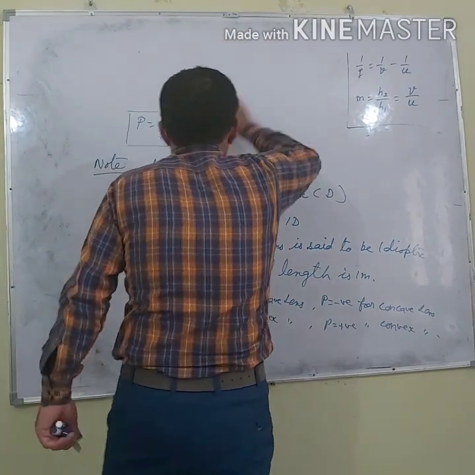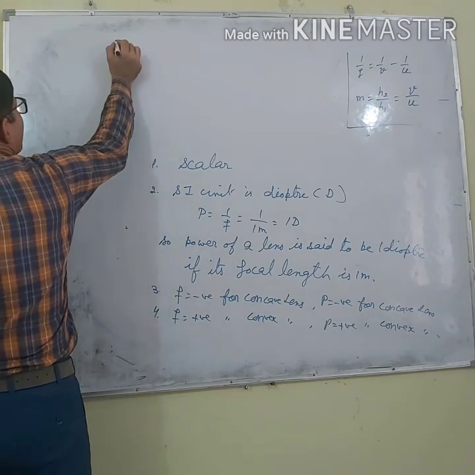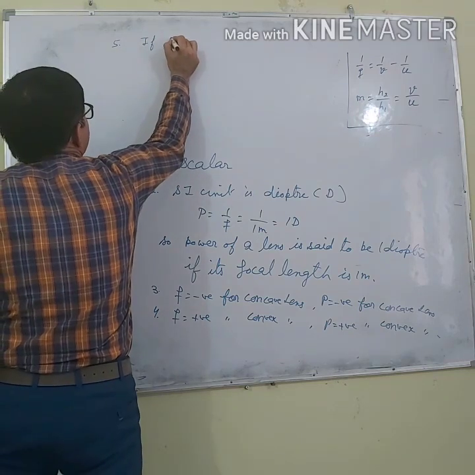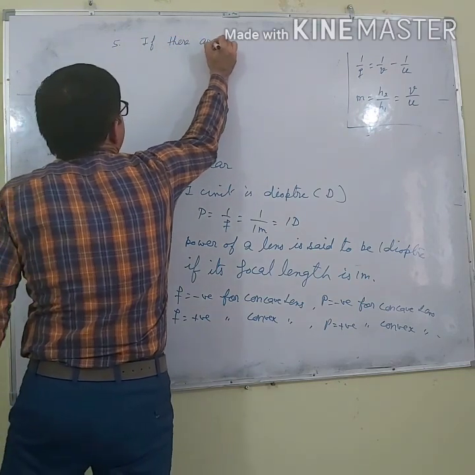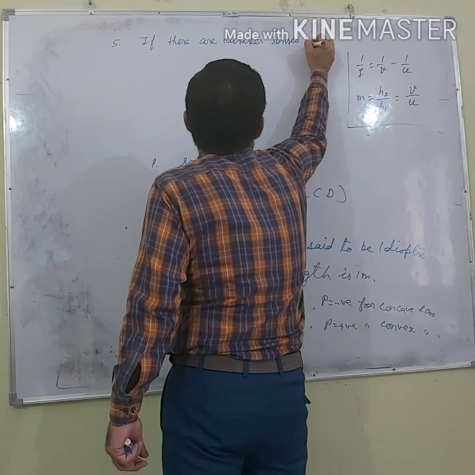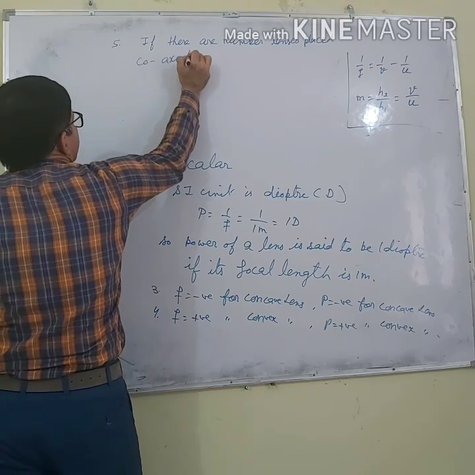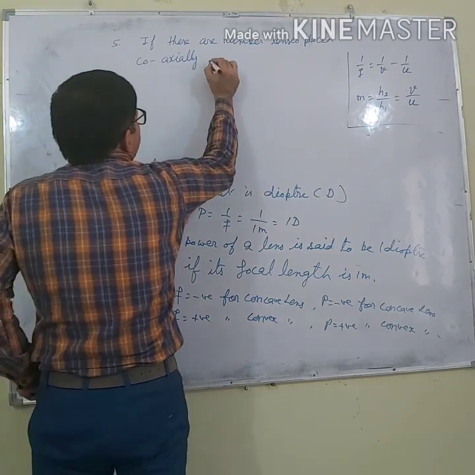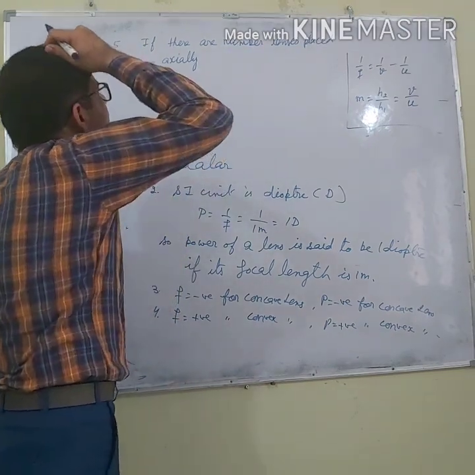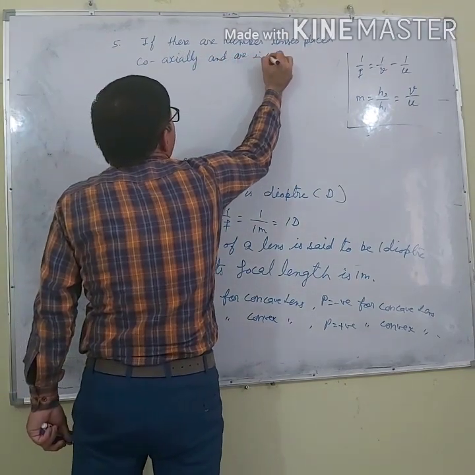Fifth one is, if there are a number of lenses placed coaxially, which means they have the same principal axis, and are in close contact.